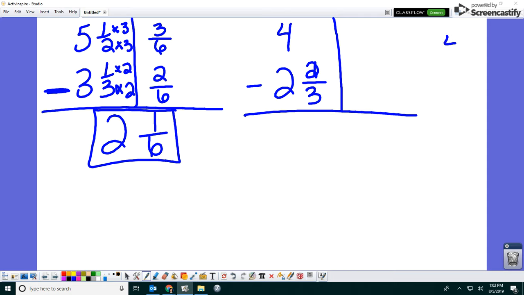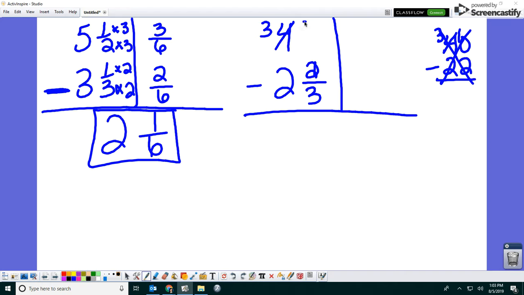So pretend for a minute, let's just look at a whole number example, 40 minus 22. Remember that we would borrow a 10 stick, but we're not dealing in whole numbers. A lot of people just want to bring over a whole number. We're going to borrow from the 4 and make it a 3. We do not bring a 10 stick over right here. That does not work because we're not using whole numbers, we're using fractions.